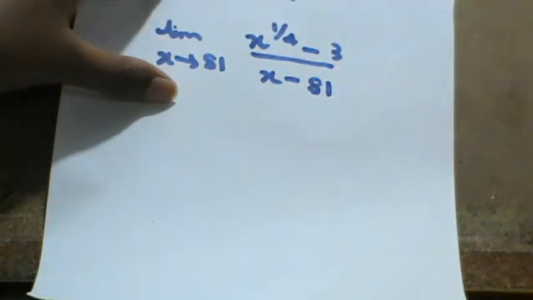From one of the first theorems that we learned under limits, when x goes to minus 81 of this term, it is equal to when x goes to 81 of x to the power 1/4 minus 3, divided by x minus 81.